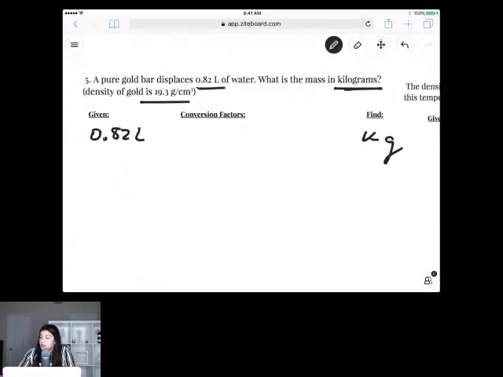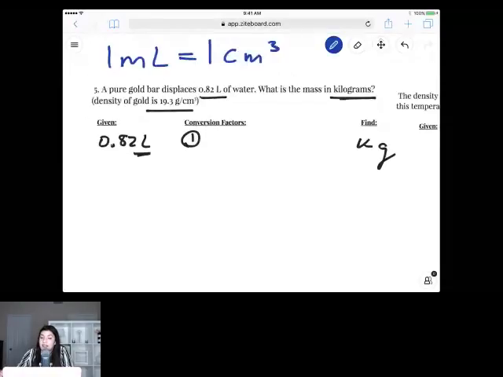Okay, so we said that our first conversion factor, we want that to equal our given unit. Okay, so our given unit is liters. We want something to equal liters. So there's one thing that I think I stressed in my video, that you have to know 1 milliliter is equal to 1 cubic centimeter.